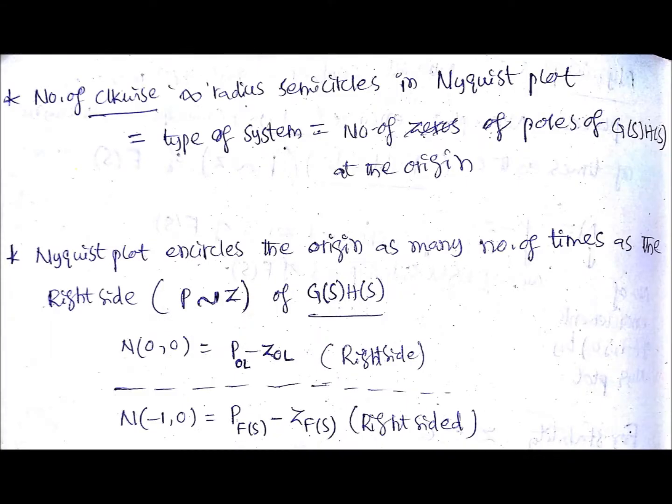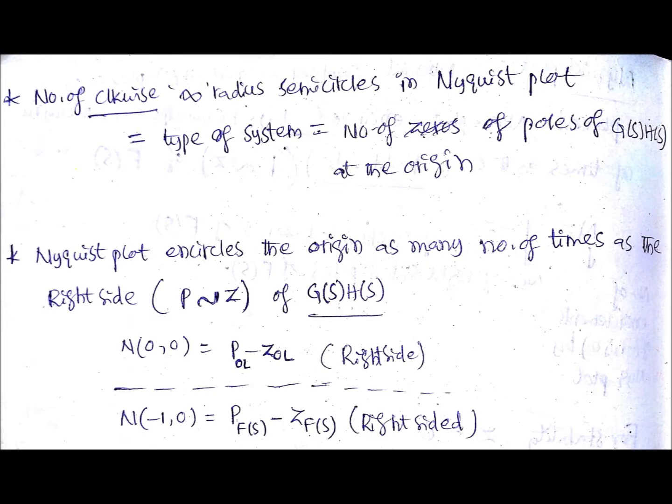After plotting, you will get to know that the number of clockwise infinite-radius semicircles in the Nyquist plot equals the type of the system, which is nothing but the number of poles of G(s)H(s) at the origin.